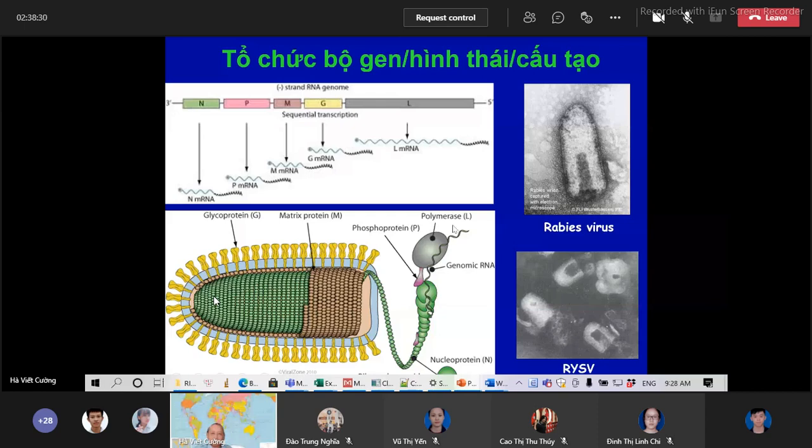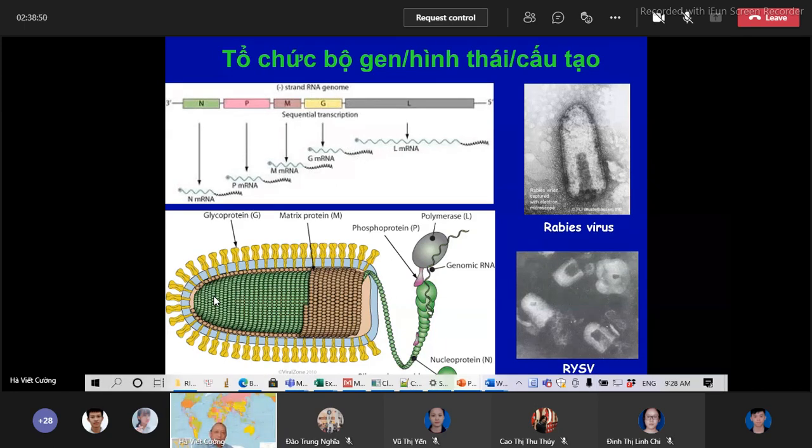Okay, please look at this slide, and you can see the similarity between the rabies virus and the rice yellow stunt virus, and here is the genome organization of the RYSV.